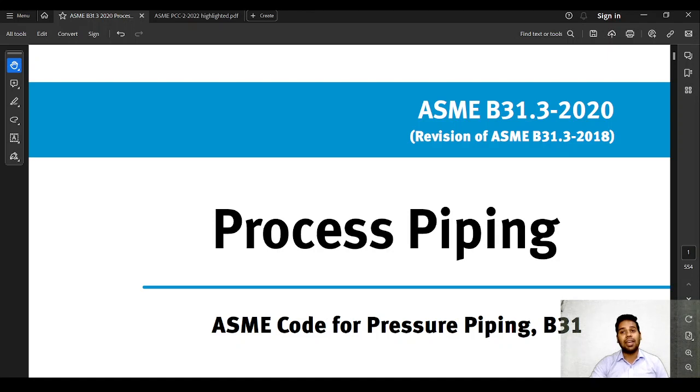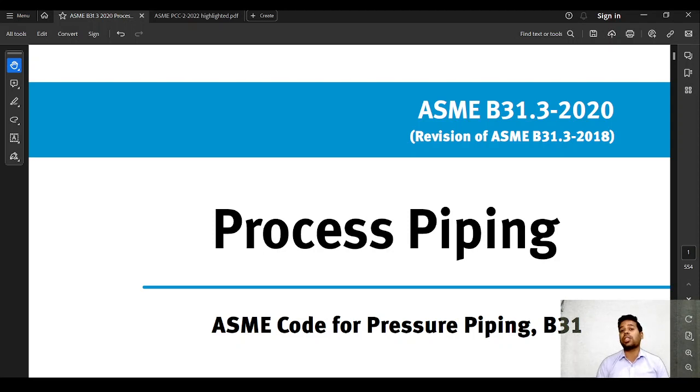Again, it's a fairly huge amount of code, but not the entire code needs to be understood when you are talking about the API 570 examination. The API 570 examination is generally going to be more concerned with the materials that you use and the pressure testing requirements. Then it will also be more concerned with the selection of the material, and all of these will generally be referred to in ASME B31.3.